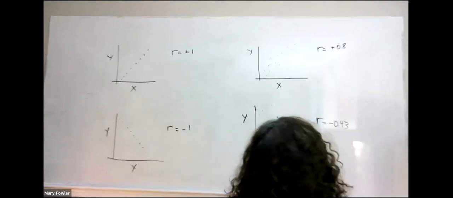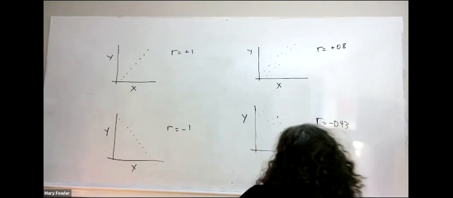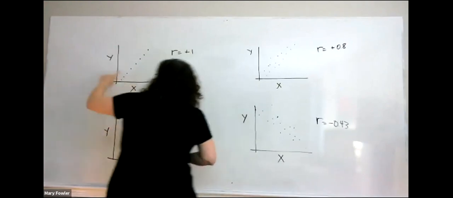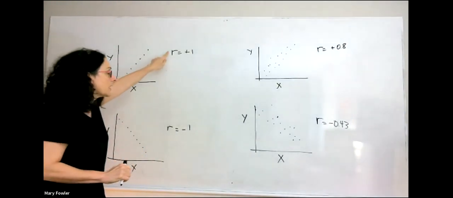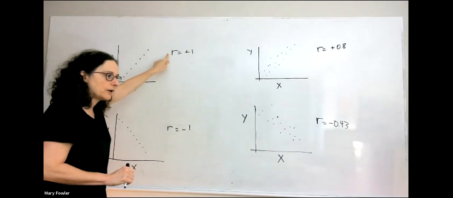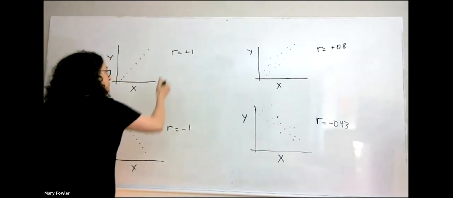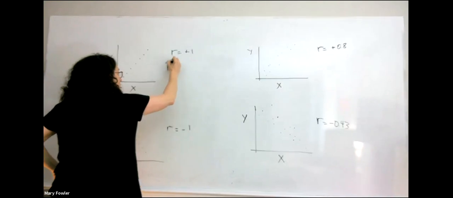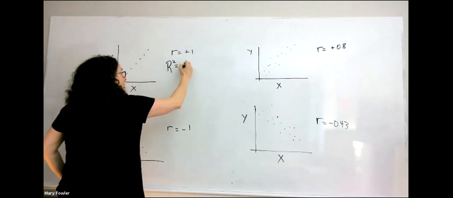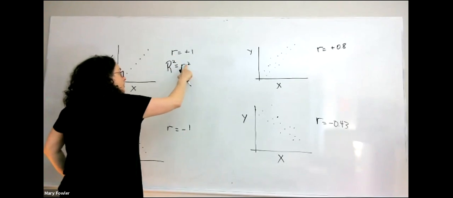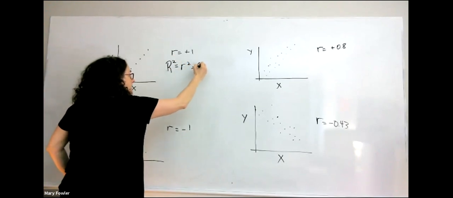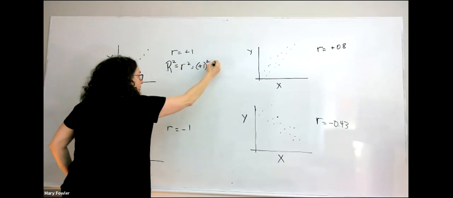So I'm looking at the first one on the left, and we have this R of +1. R squared is going to be the square of the correlation coefficient. So the coefficient of determination is the linear correlation coefficient squared. In this case, +1 squared.